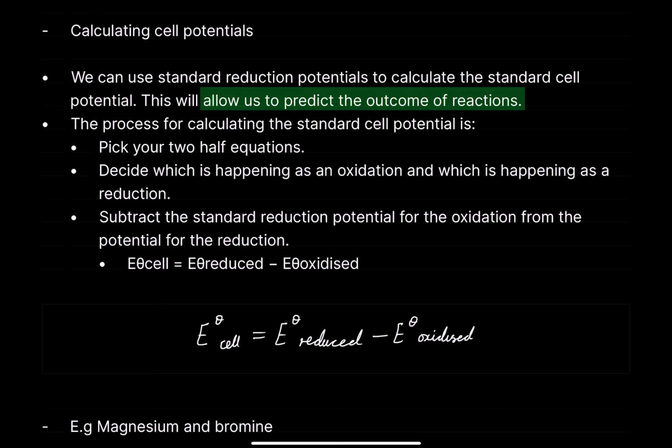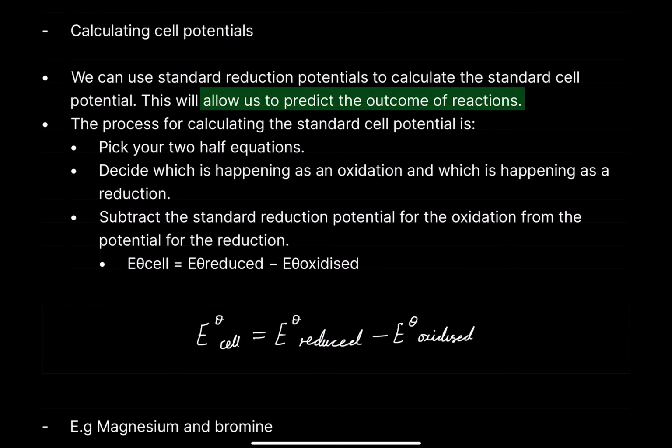The one more likely to be reduced is the one with the more positive value. I said that in the previous video: the more positive your electrode potential, the more likely that reaction is to be reduced in comparison to the reduction of hydrogen ions.